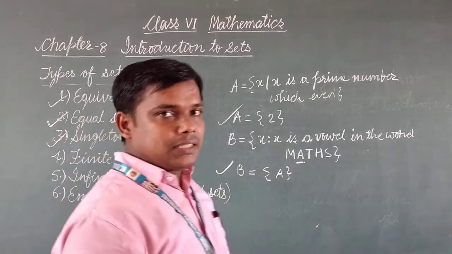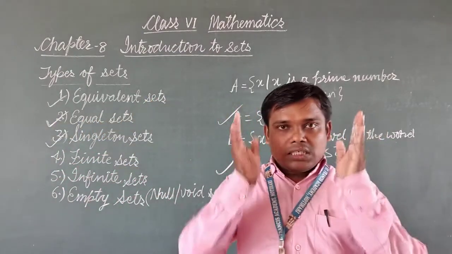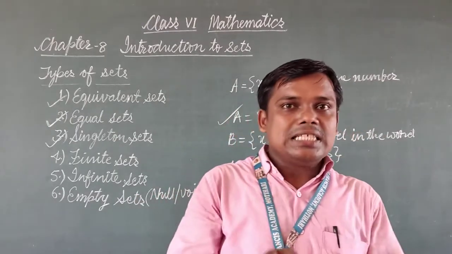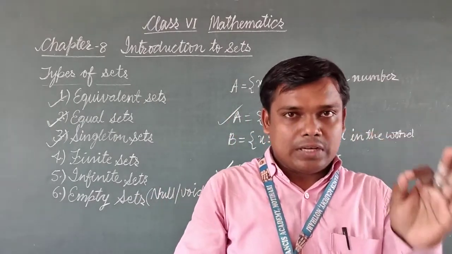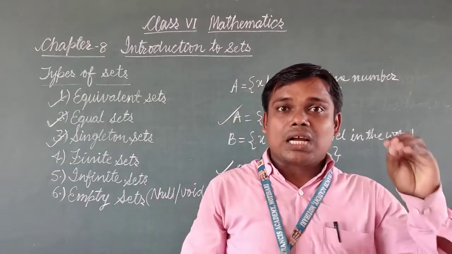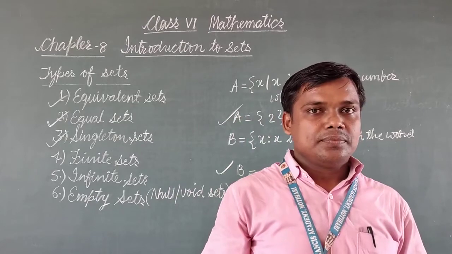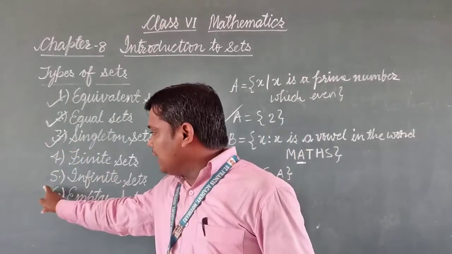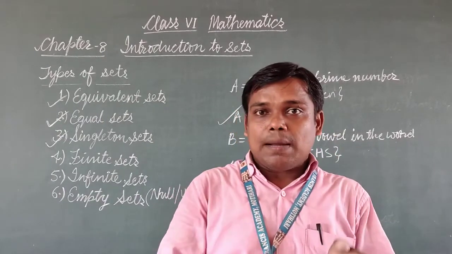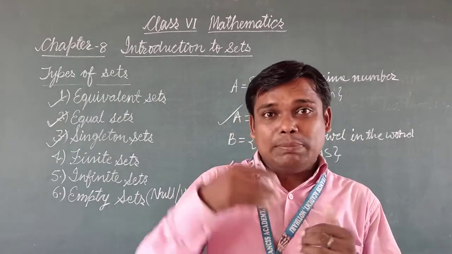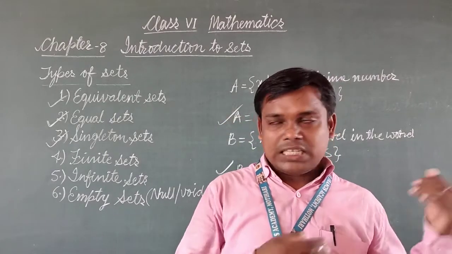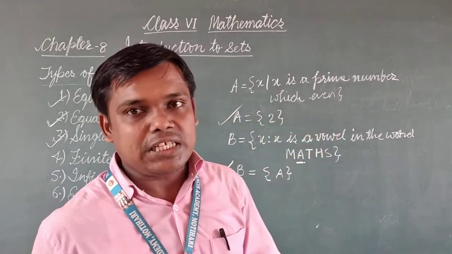Now finite set. A set is said to be finite if it has limited number of elements, or that elements can be listed or counted. And infinite. A set is said to be an infinite set if the number of elements of set cannot be listed or counted. Let us see both types of sets example.